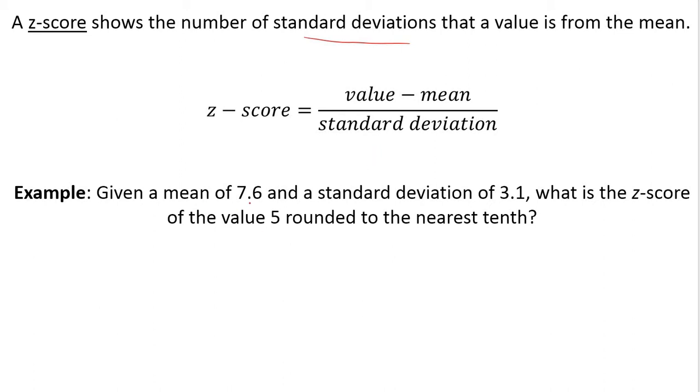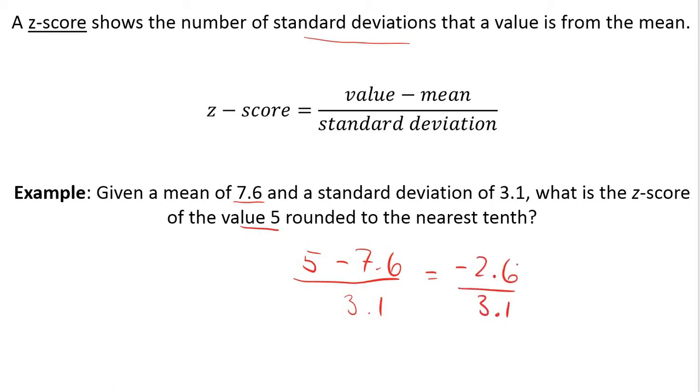So given a mean of 7.6, standard deviation of 3.1, what's the Z-score of the value 5? So let's just plug things in. So 5, that's my value, minus the mean, so 7.6, over the standard deviation, 3.1. So 5 minus 7.6, that'd be negative 2.6 over 3.1.